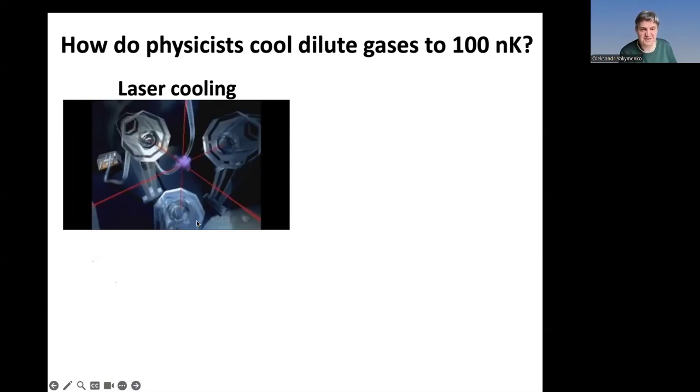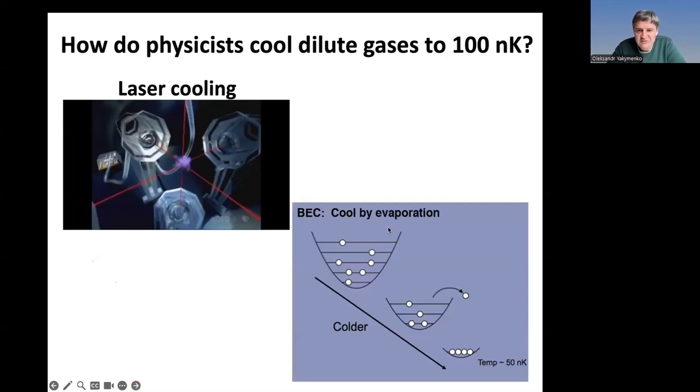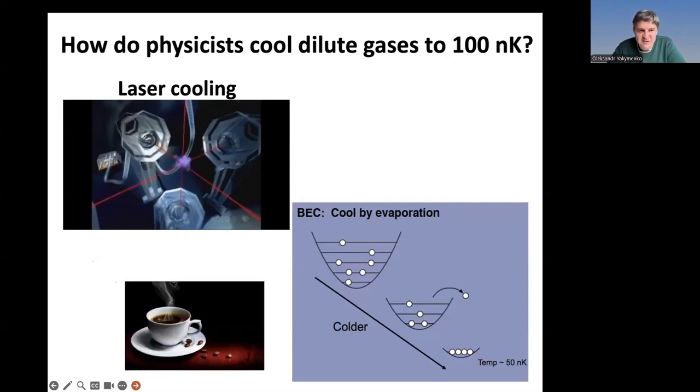Sorry, not nanokelvin. To get nanokelvin you can use so-called evaporation cooling. What is evaporation cooling? The idea is the same as when you try to cool your cup of coffee. You create some flow of air, and you move away the vapor which appears at the top of your liquid, and then the temperature decreases.